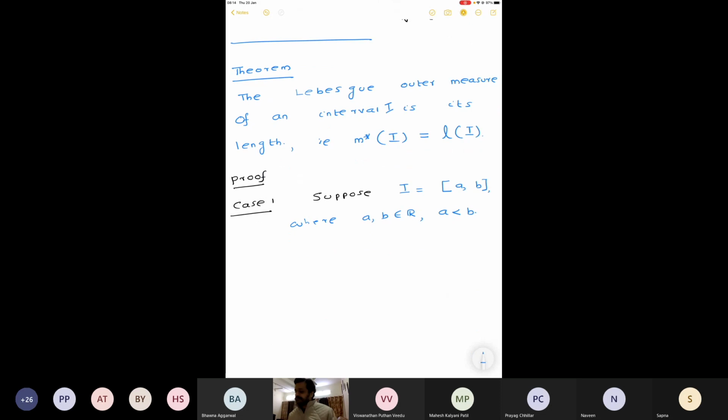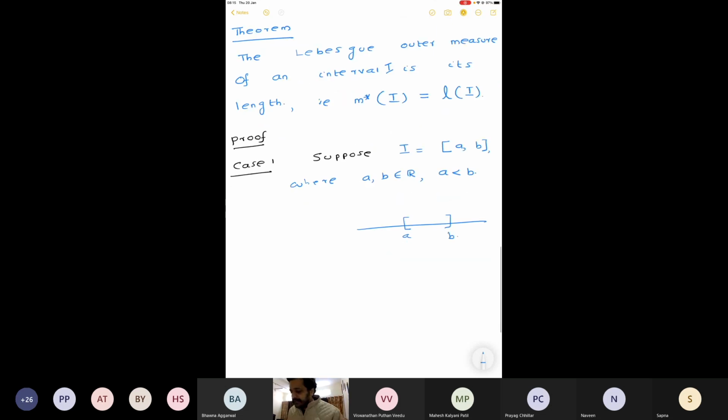Okay. Now, I would like to consider M star of I. And as the definition suggests, if you want to consider M star of I, you have to consider a countable family of open intervals that covers A. Okay. And then you have to vary this countable family. So let us first think of one countable family of open intervals that covers A.